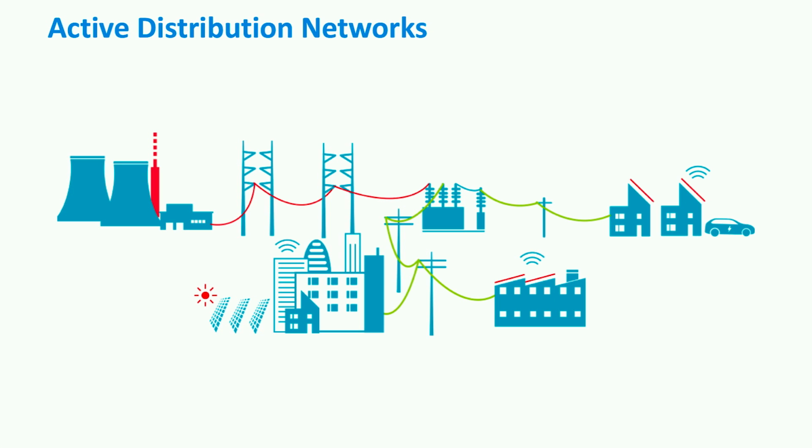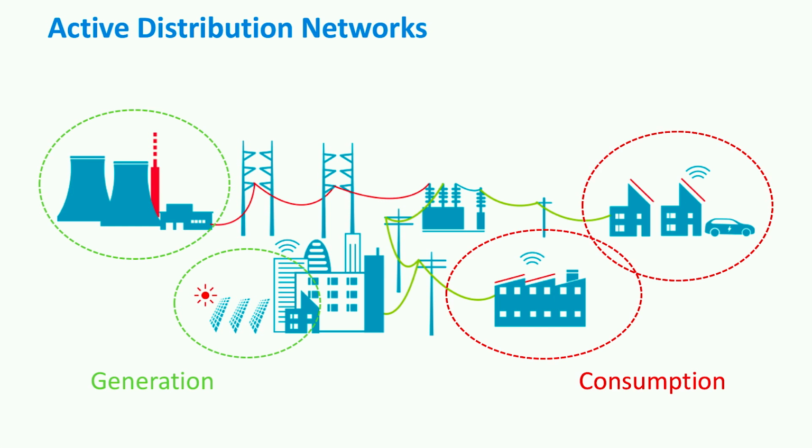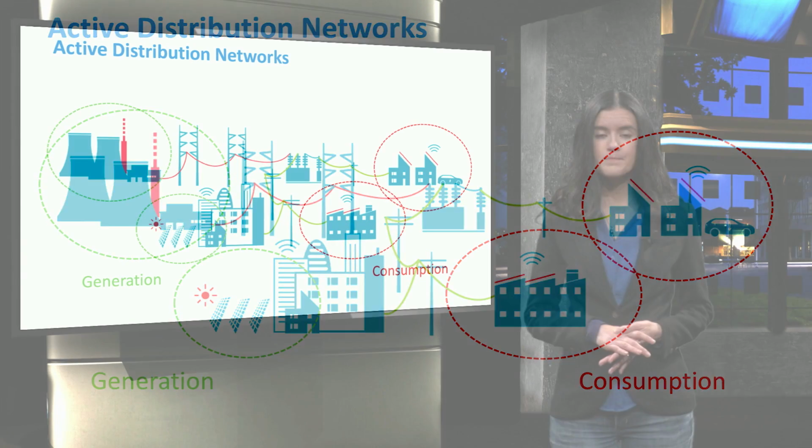Another potential benefit is that power generation and consumer demand can be efficiently matched through the implementation of information and communication technologies, or ICT. This can be achieved, for example, by the use of forecasting methods and demand-side management algorithms.